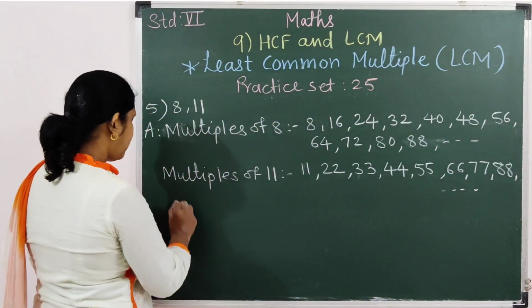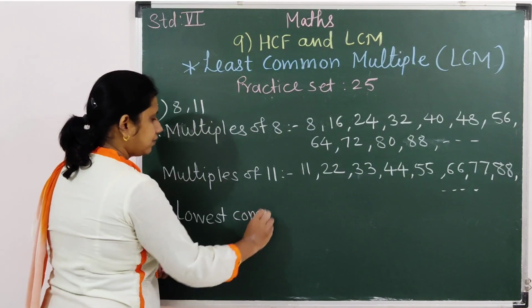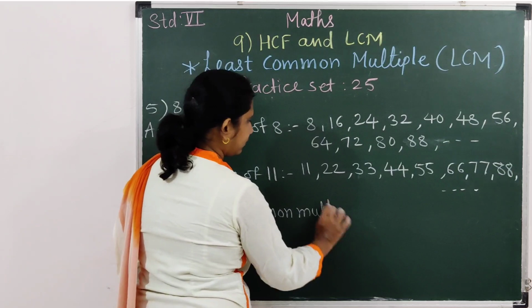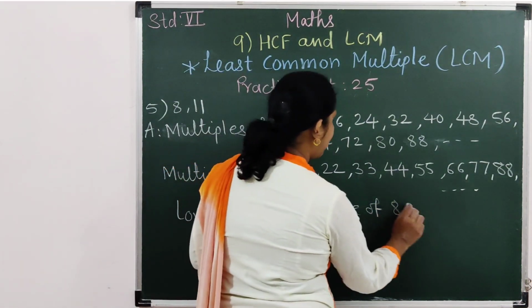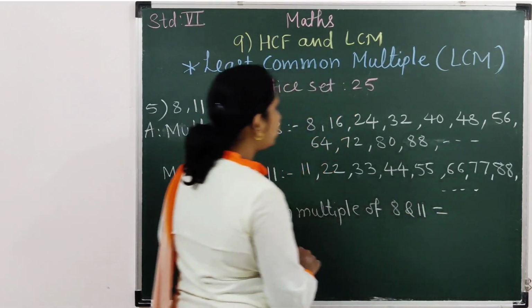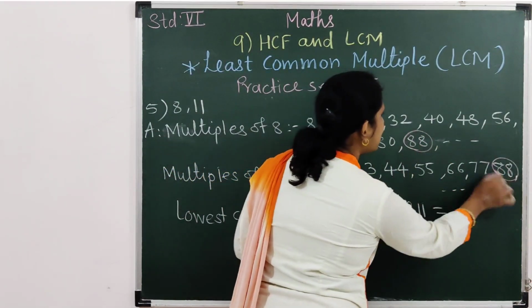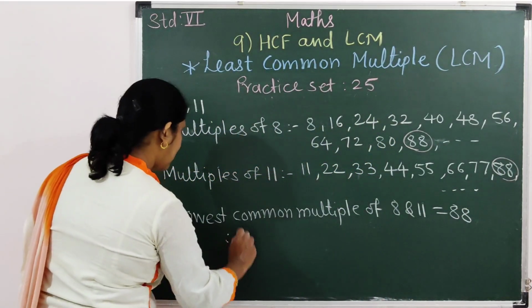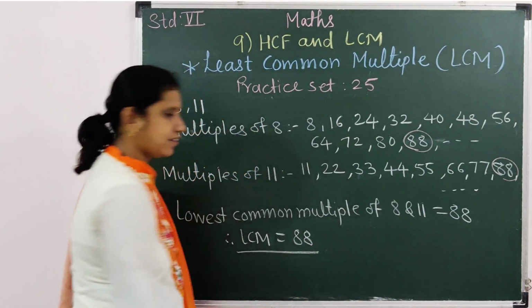Now the lowest common multiple of 8 and 11 is equal to... See, none of the numbers is common except 88, which is the lowest. So right here 88, therefore LCM is equal to 88, right?